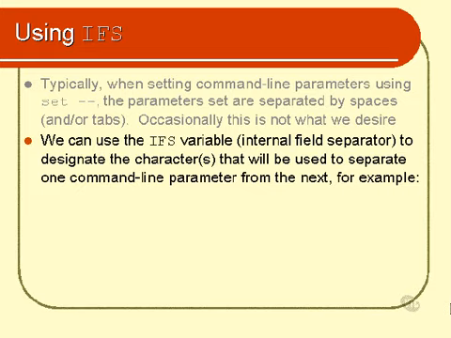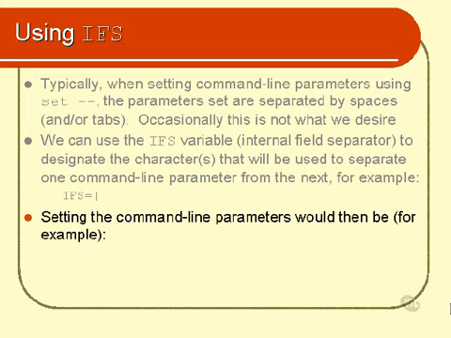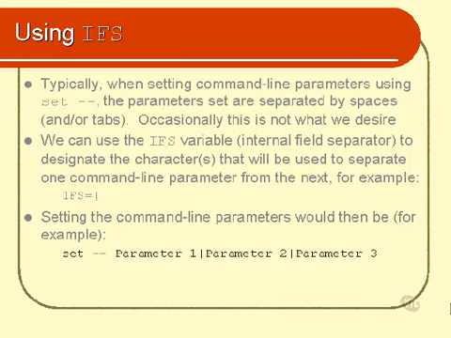line parameters. For example, we could set IFS to be the vertical bar symbol, what you might call the pipe symbol. And then, if you wanted to use set -- to set command line parameters, you would do it like this: set --, and then parameter 1, pipe, parameter 2, pipe, parameter 3.